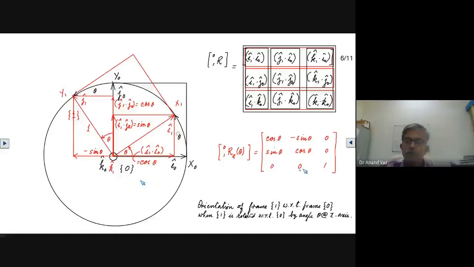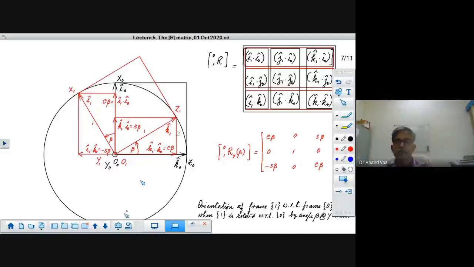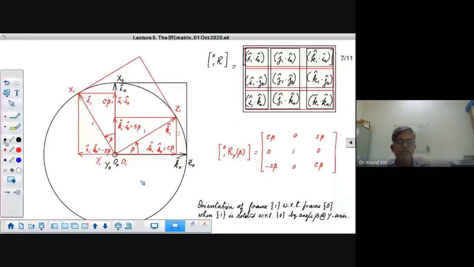So the structure looks like this. The diagonal elements are cos thetas and the off diagonal elements are sin thetas, and you know the sign changes, but here you have cos theta, sin theta, minus sin theta, cos theta. A slight change over here. It's a bit tricky for the y-axis. So here you have this unchanged, of course, cos beta here.